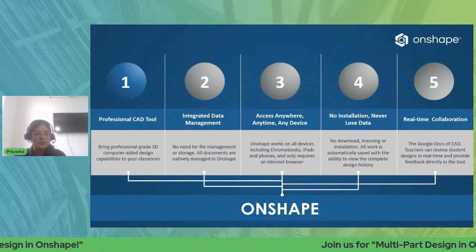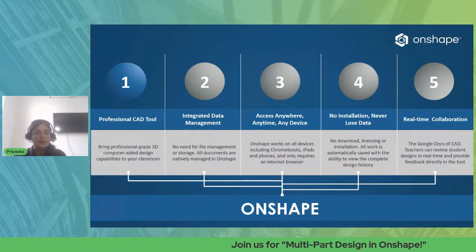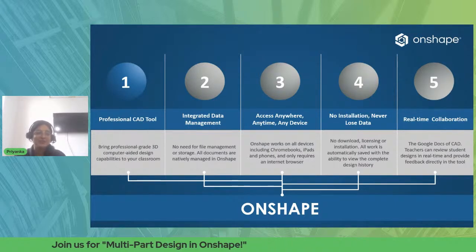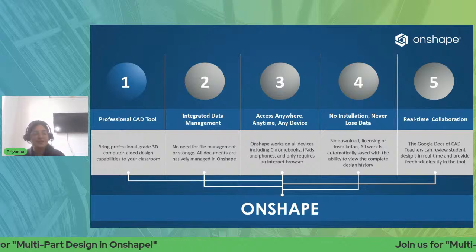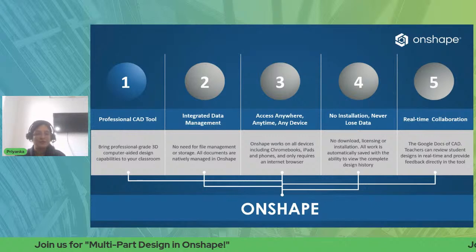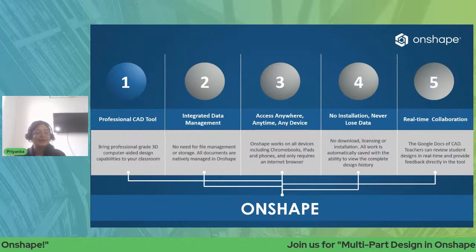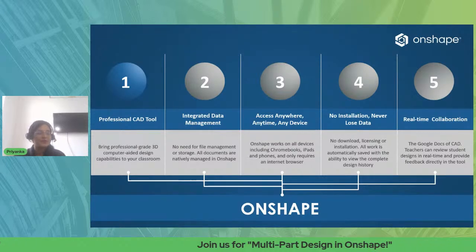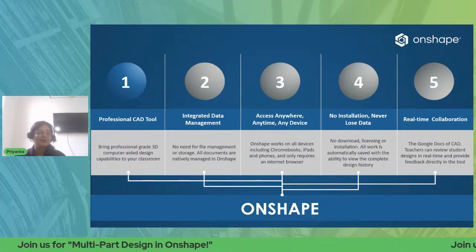So moving forward, I would like to start by showing you the top features of Onshape Plan. First of all, it's a modern and professional 3D cloud-based tool. At present, it is being used by thousands of companies, name any vertical: aerospace, mechanical design, agriculture, motorsport, etc. Secondly, it comes with data management built in, so you don't need a particular storage for your data.